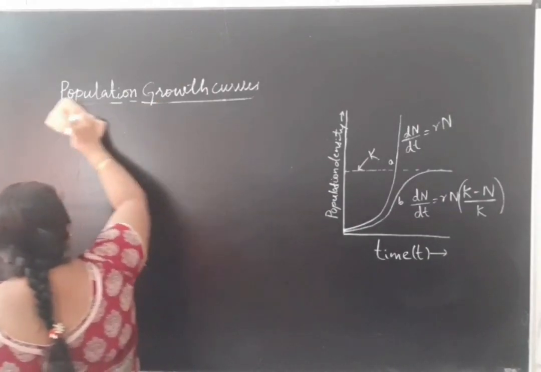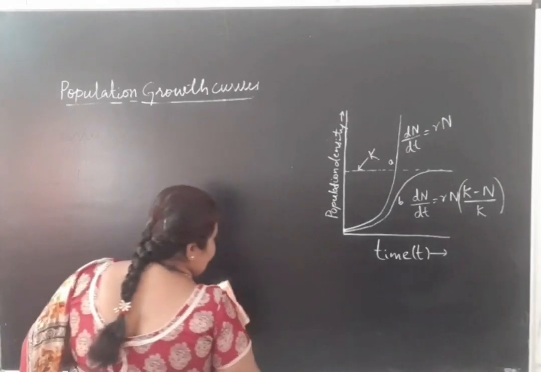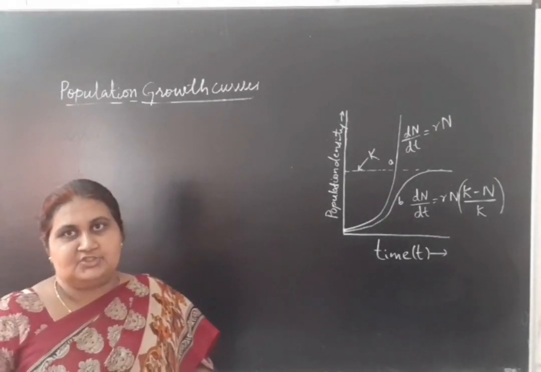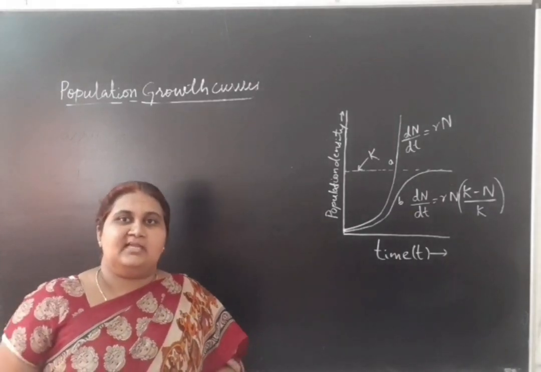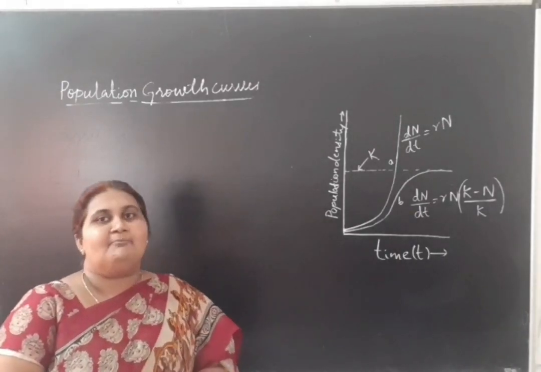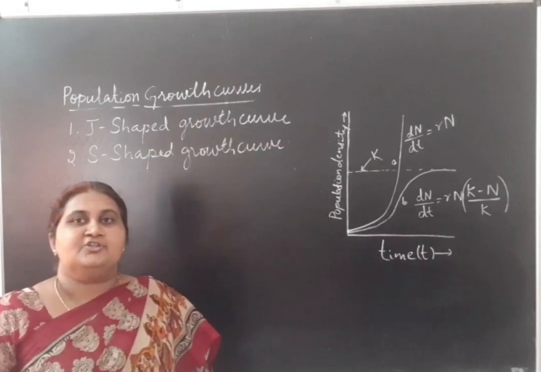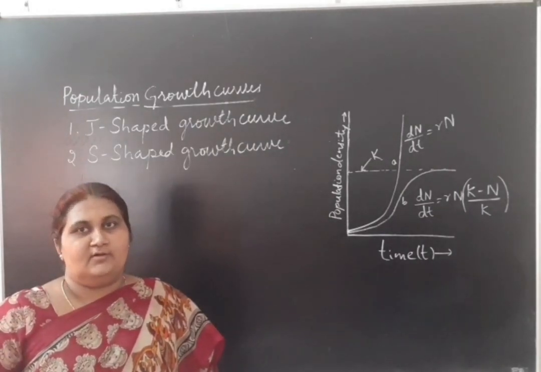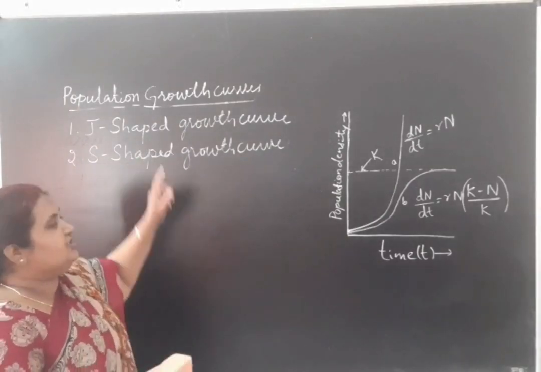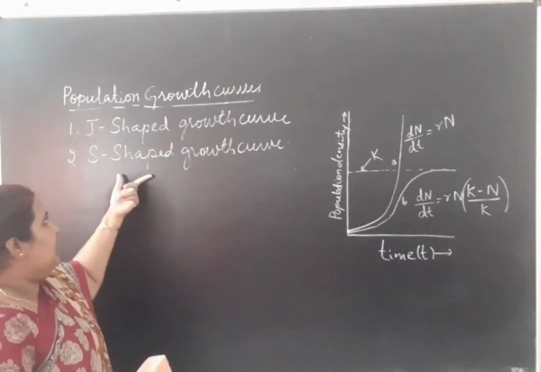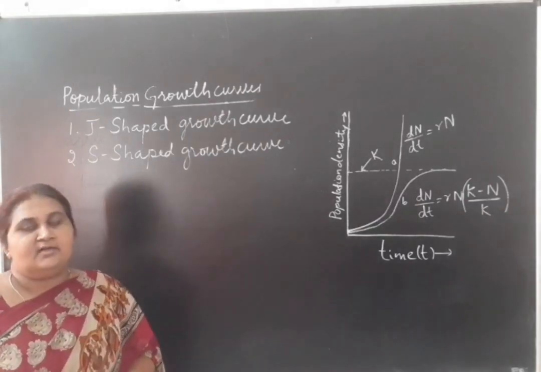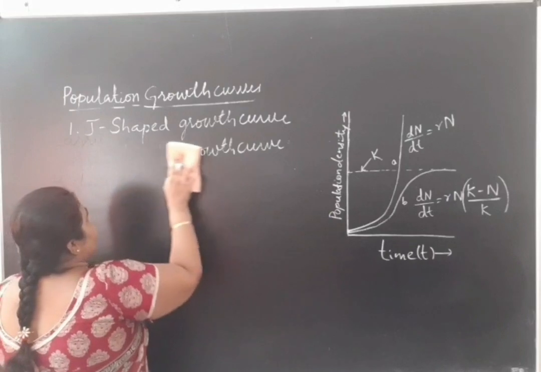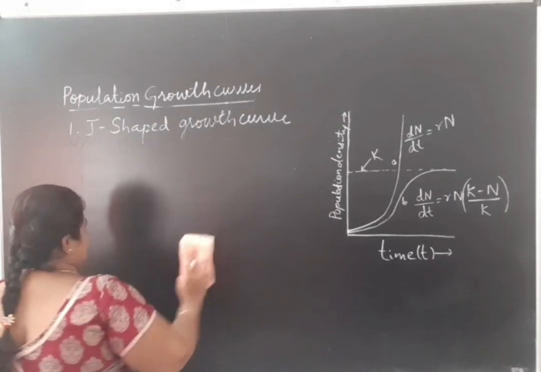Growth in a population means increase in the size of the population. That growth takes place in a specific manner. There are two types of growth models: the J-shaped growth curve and the S-shaped growth curve. Now you will study these two.